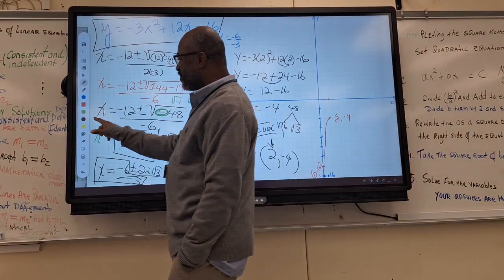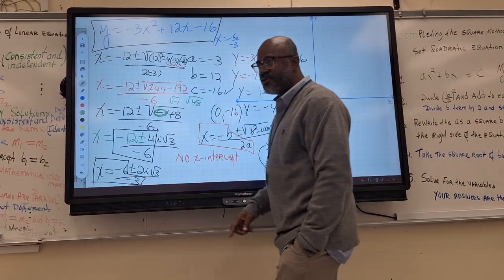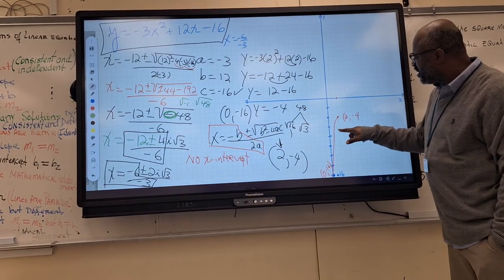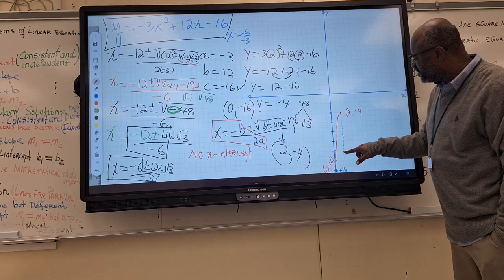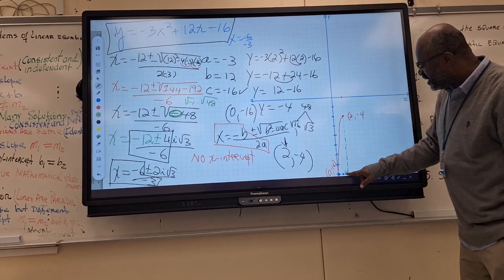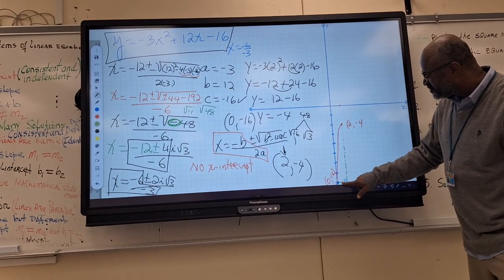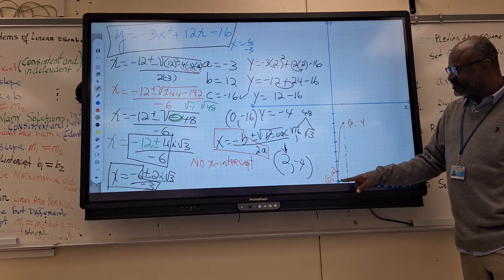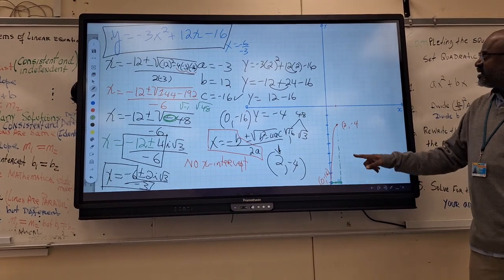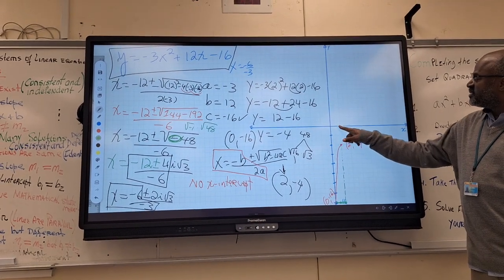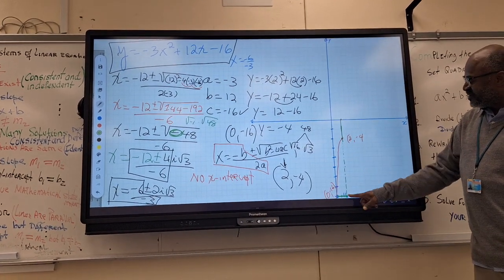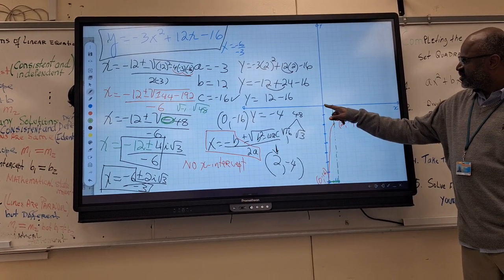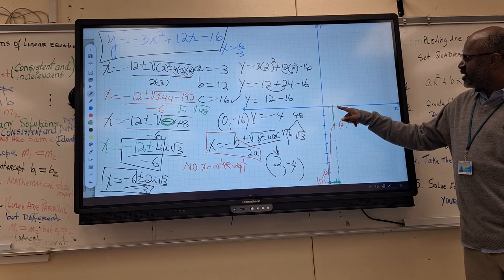You guys need to pay attention. Watch what I do. This is where x is equal to 2, my axis of symmetry. Do you know how many units from here to there? You can count: 1, 2, then I'm going to count 1, 2.